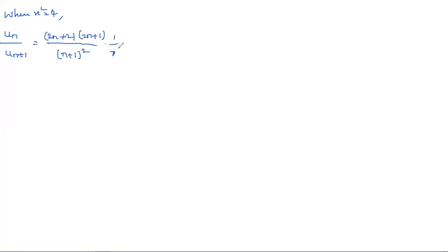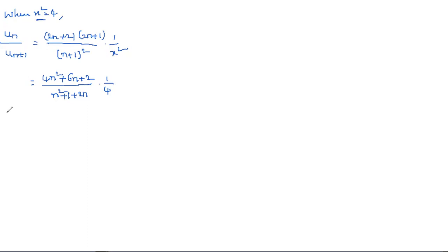So this is the un by un+1 term. Now we are substituting x square as 4. Here also you can multiply: 2n into 2n is nothing but 4n square, and next 2n plus 4n is 6n, plus 2, by (n+1) whole square, which is n square plus 1 plus 2n, into 1 by 4, since x square is equal to 4.